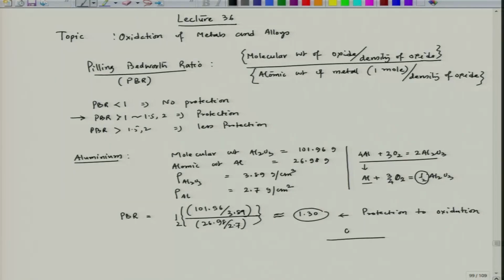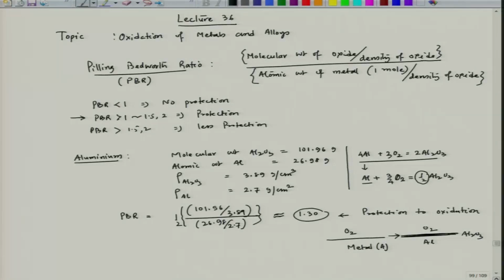Initially it was metal, aluminium and oxygen. Now, we have a thin barrier of metal oxide on the aluminium.